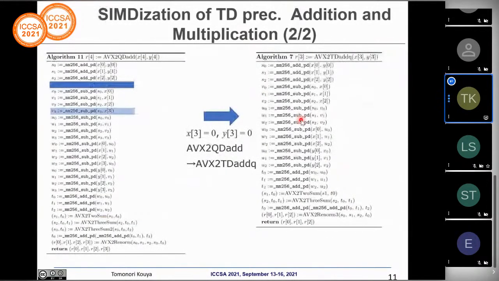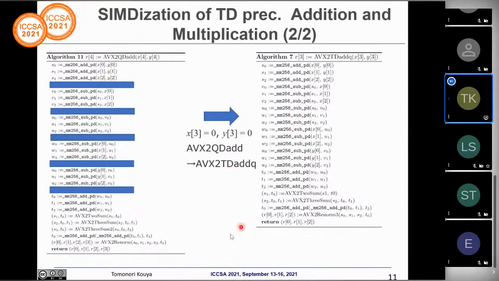So in the quadruple double operation addition, we suppose these parts are zero. So we can use this simulated quadruple operation addition as triple double addition.